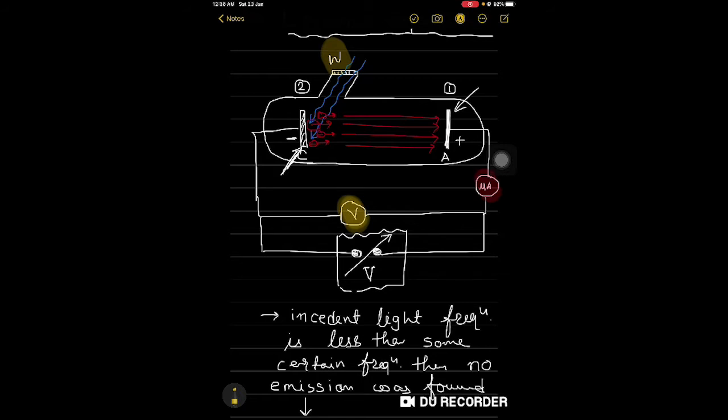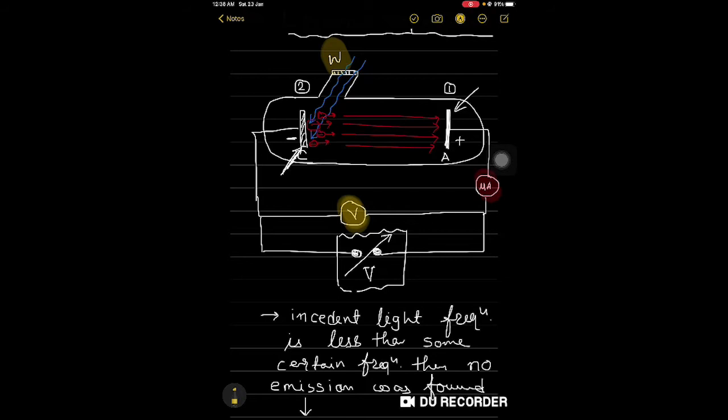So here the light falls on this plate C. Now the electrons are emitted by the plate C and are collected by plate A, and therefore plate A is also called the collector. All these things happen due to the electric field produced by the battery.